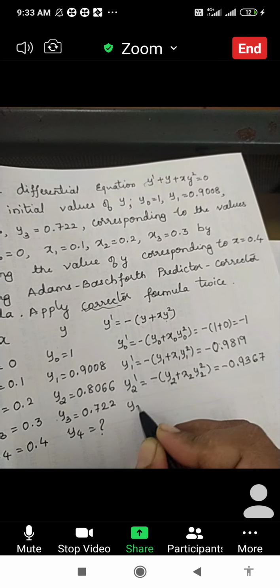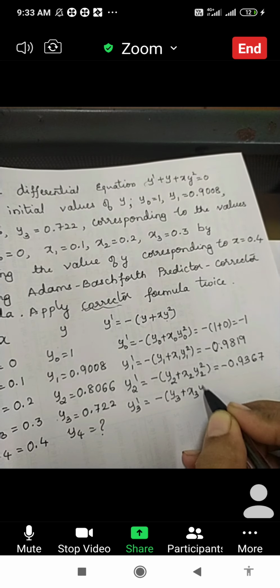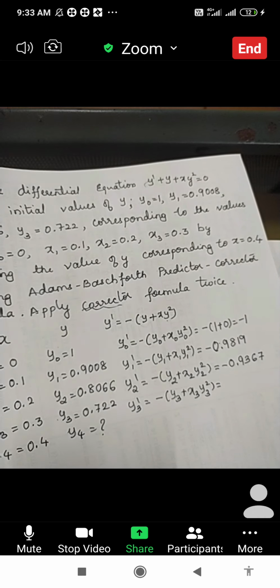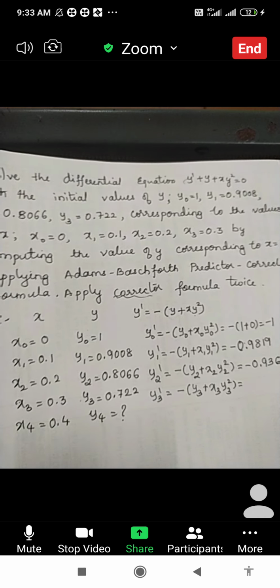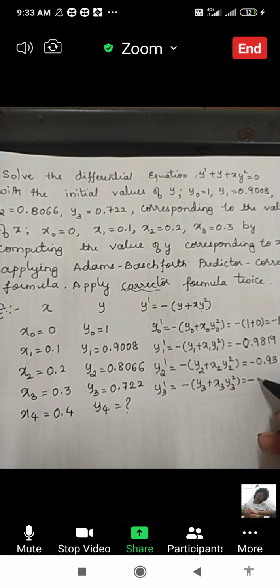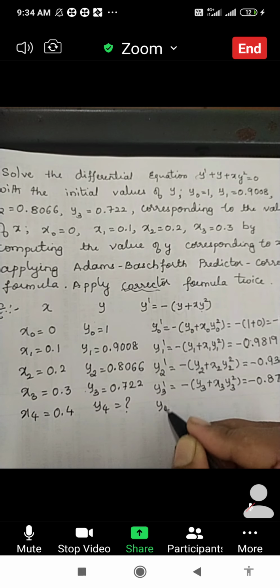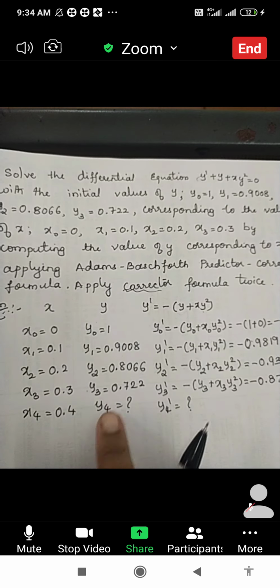Next, y3 dash defined as minus y3 plus x3 into y3 square. No, the digit 83. Okay. Yes, y4 dash, we cannot calculate now because we don't know what is y4.